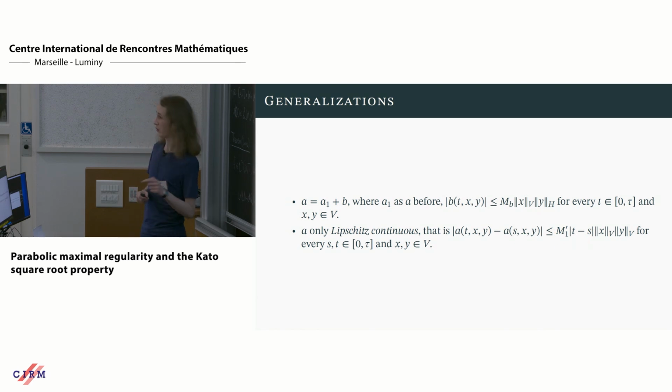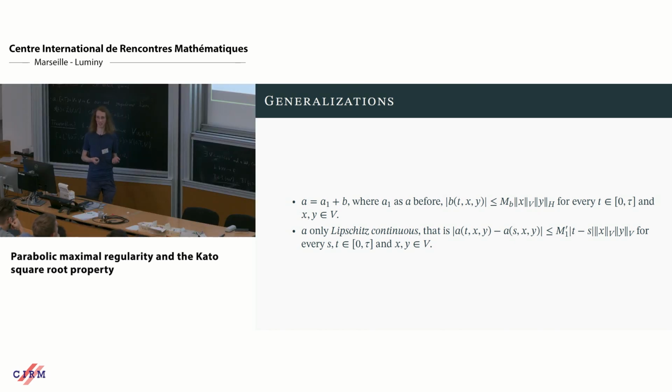Then of course we can't do the trick with differentiating A because we can't differentiate it, but in fact we can, meaning we just need the chain rule. That's the thing we used, and we can show that there is another form. If A is only Lipschitz continuous, we can show, okay, there's another form, let's call it A prime, and A prime just takes the role of the derivative of A. So in fact we can take Lipschitz continuity here.